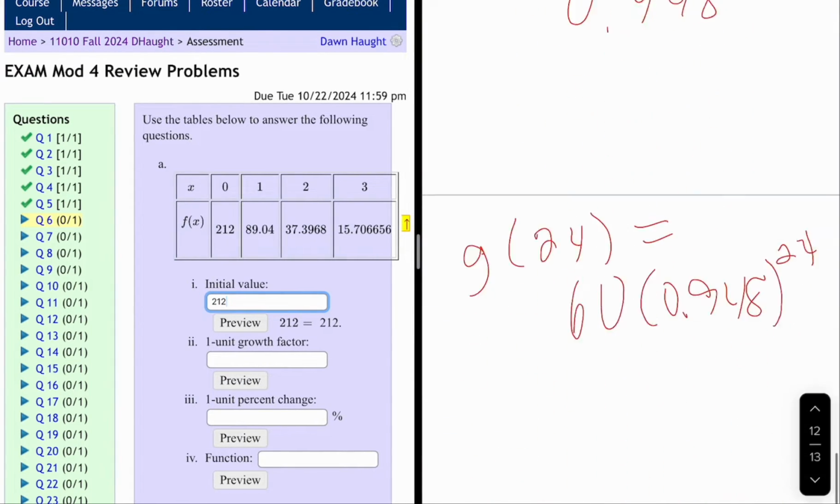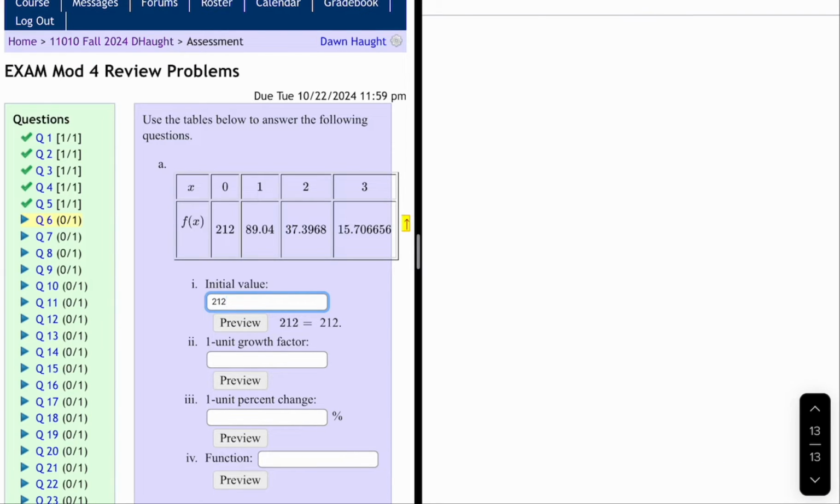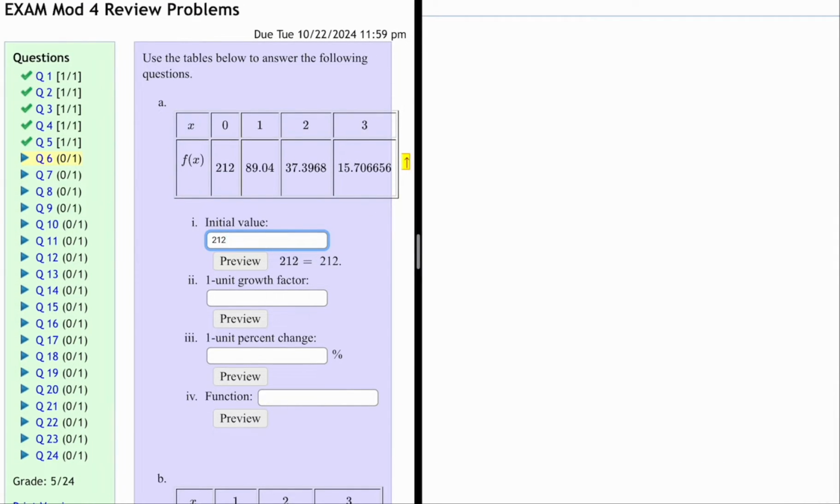So the 1 unit growth, we just have to take any two things that are 1 apart, whether it's the 2 and the 1 or 0 and 1. I'm going to go 0 and 1. So I'm going to do 89.04 divided by 212, and 89.04 divided by 212 is a funky decimal.